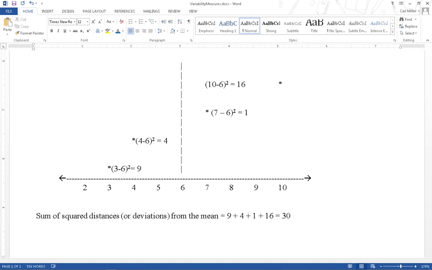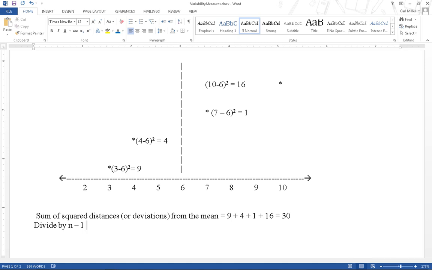But I don't want the total squared distances, I sort of want an average. Now this is where it gets a little weird. You divide by n minus 1. Okay, and the reason we do n minus 1 is because of some math properties. So for this to be a good approximation of the variability in the whole population, because a sample typically is not going to get the smallest and largest values that exist in a whole population, what happens is we have to divide by something a little smaller than n to get a good approximation.